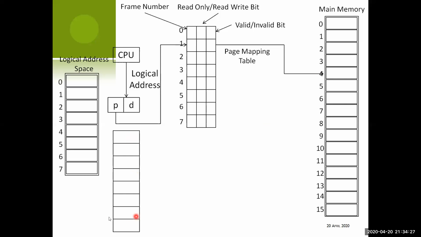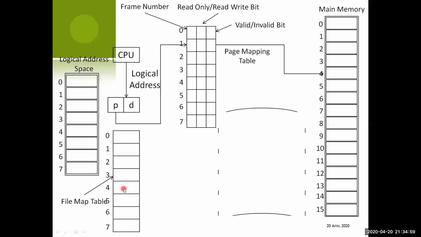This table is called the file map table. The file map table has the same number of entries as the logical address space. If we have divided our process into 8 pages, the file map table will also contain all 8 entries.